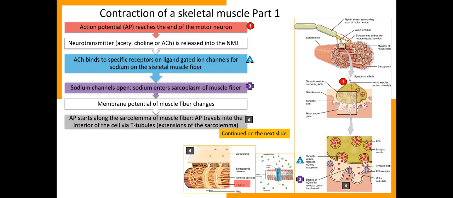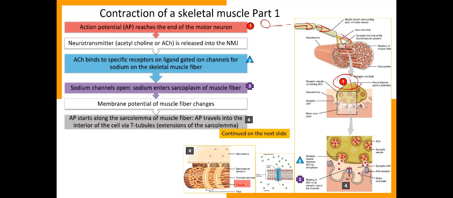So this sequence is the first of 2 lectures on the contraction of a skeletal muscle. The first step is that an action potential reaches the end of a motor neuron. The action potential starts somewhere in the cell body and then travels down the axon, reaches the end of the motor neuron, as you can see here in 1.